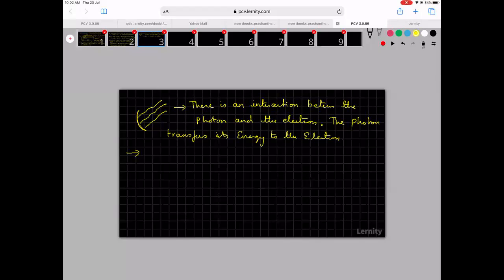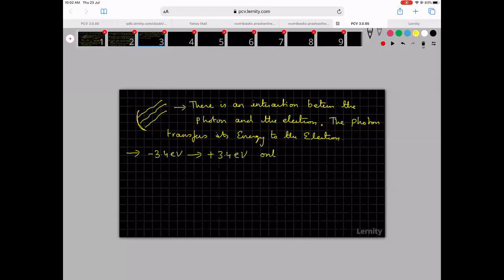It can only take certain fixed values of energy. If an electron has to be emitted, it has to absorb more than a minimum amount of energy. As I explained yesterday, suppose the energy of an electron is minus 3.4 electron volt. Then for this electron to escape, it has to take plus 3.4 electron volt.